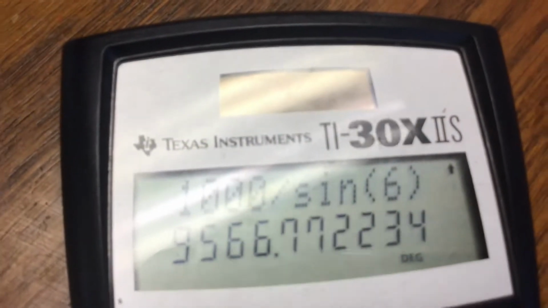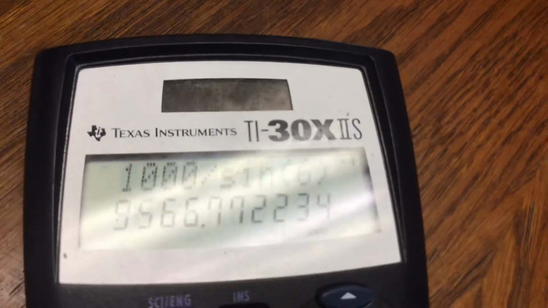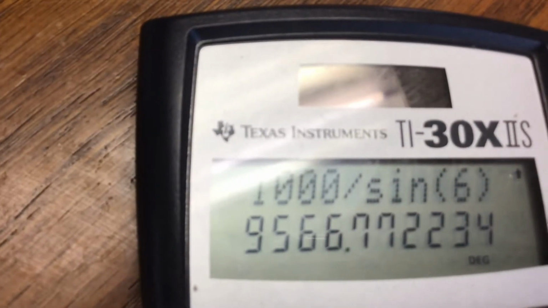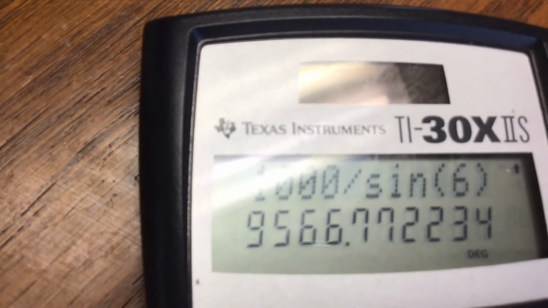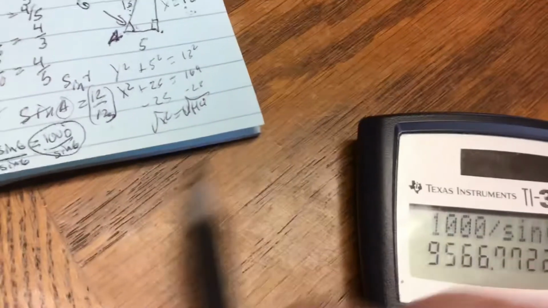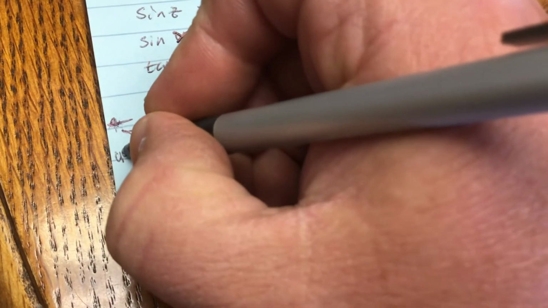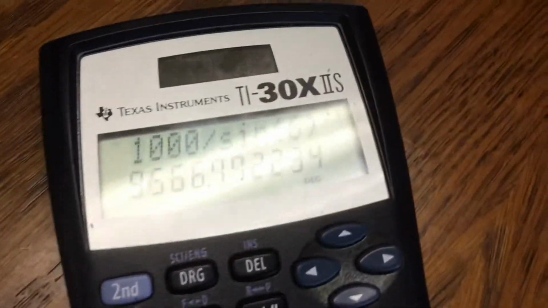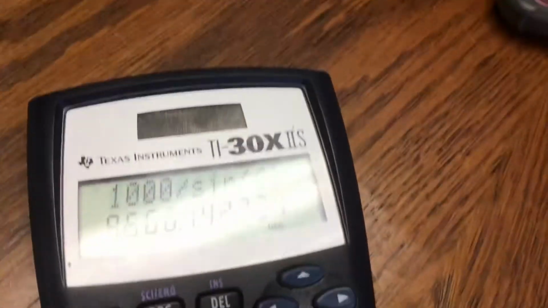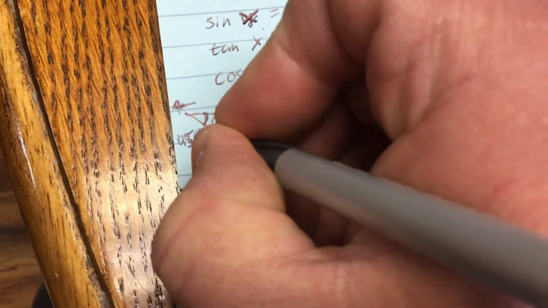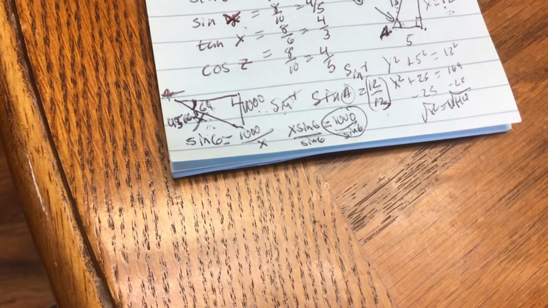Our calculator tells us, there you have it, 1,000 divided by sine of 6 gives us 9566.8 rounded to the nearest tenth. So this side length is 9566.8. Sorry, my bad, 9566.8. That's that length. That's how you could do them on the test.